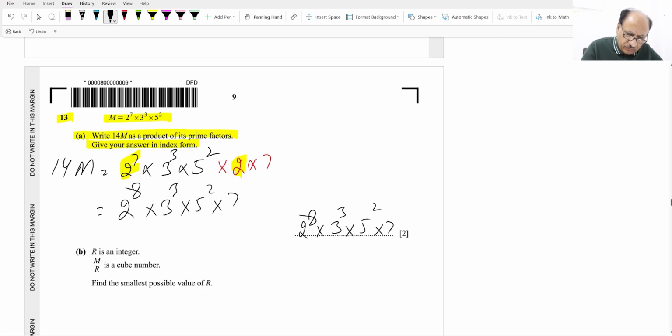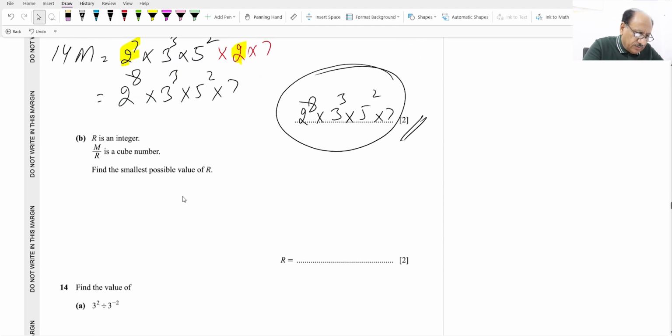It is a very simple question. You just need to change 14 into prime factors and combine the 2. Then they are saying r is an integer, m over r is a cube number, find the smallest possible value of r. So m is 2 raised to power 7 into 3 raised to power 3 into 5 square, and this is m over r. So r is any integer, and m over r should be a cube number.